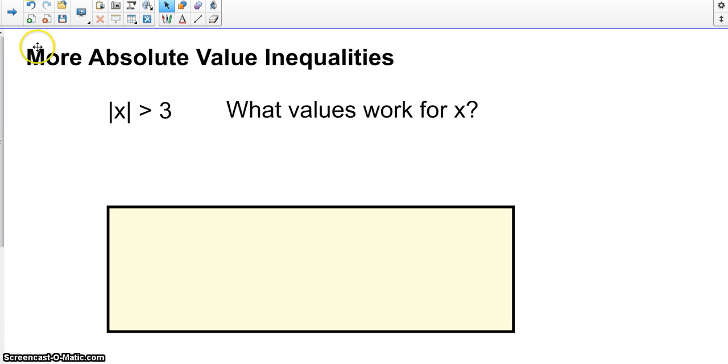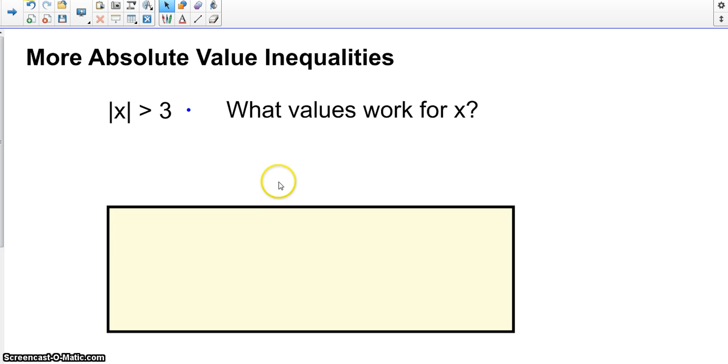Okay. Now, let's finish this video off by looking at absolute value of x greater than 3, okay? Think about what values would work for x. Obviously, any values that are bigger than 3 I could plug in here, but think about the negative numbers, okay? I think negative values that are less than -3 would also work.